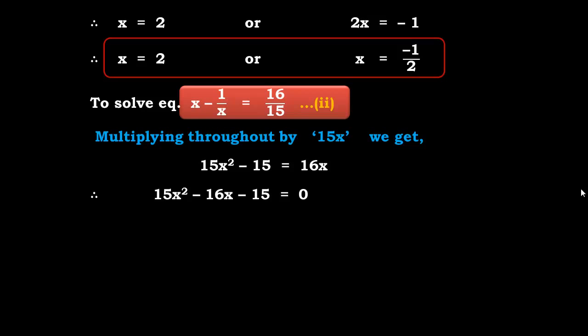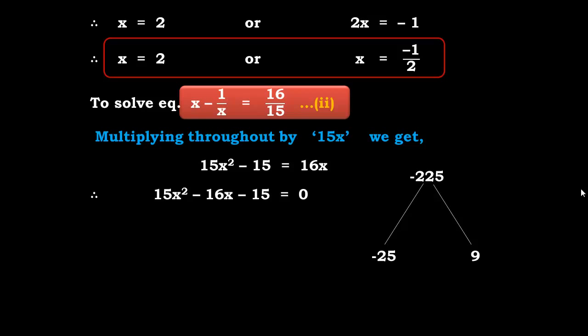Now again student, you have to solve this quadratic equation. So 15 into minus 15 will become minus 225. You have to take factors of this minus 225 so that their sum will become minus 16. Very easy. 25 9s are 225. See, we require minus 16. Na? That means 25 will be minus and 9 will be plus.